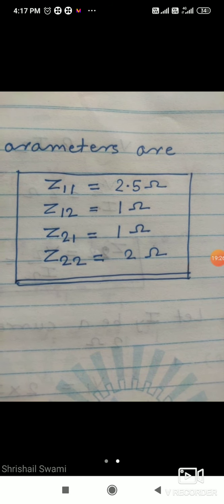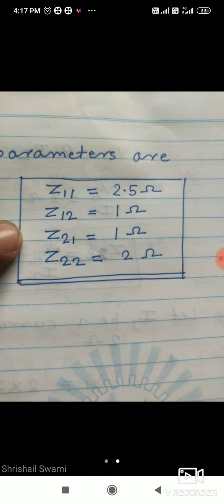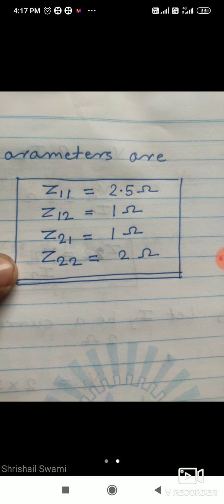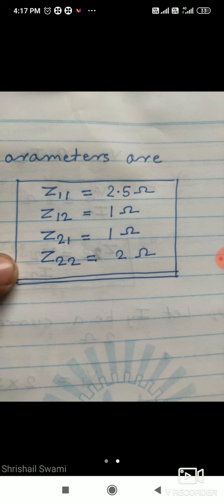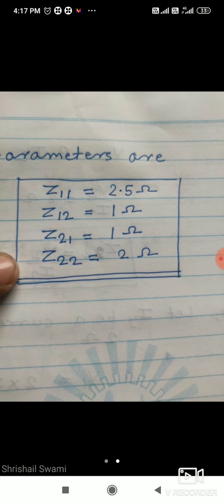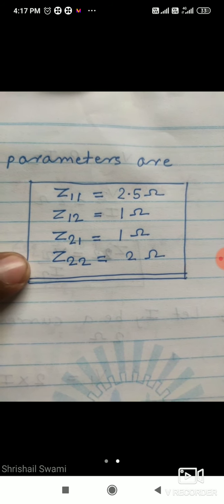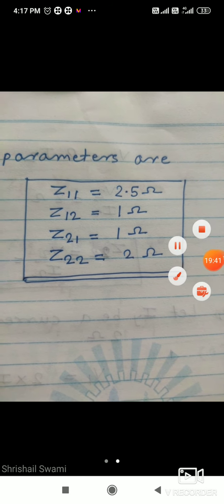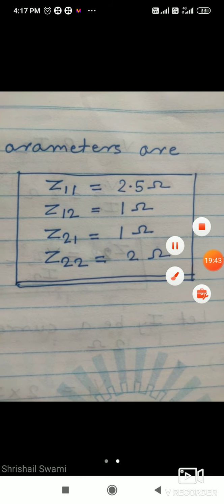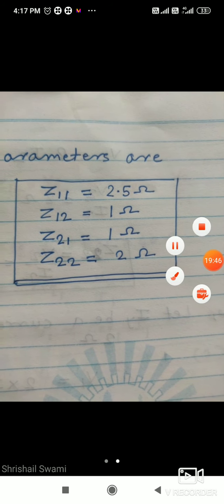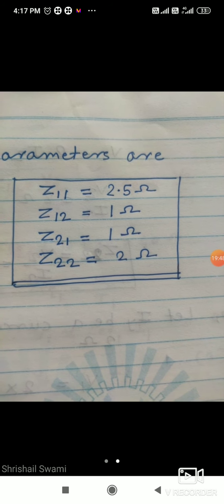So also check the units. Each Z parameter has the unit ohm. Many students are forgetting to write the units, and many students are writing different units. So units are also important, otherwise you will lose marks. So take care and solve the problems.